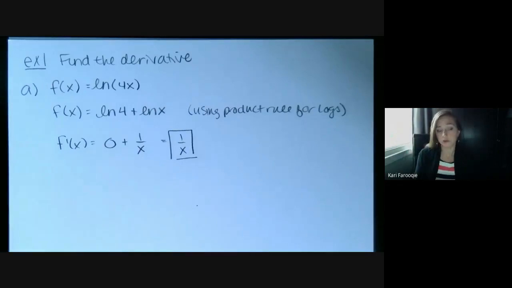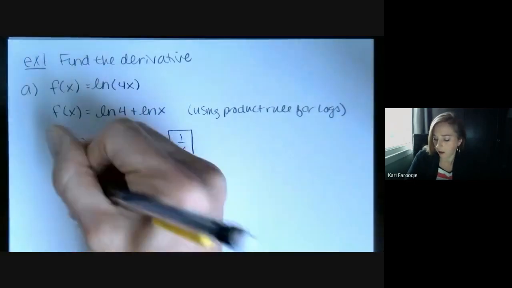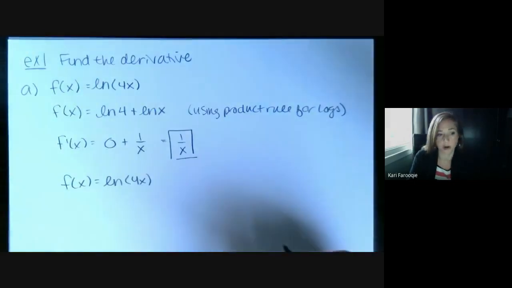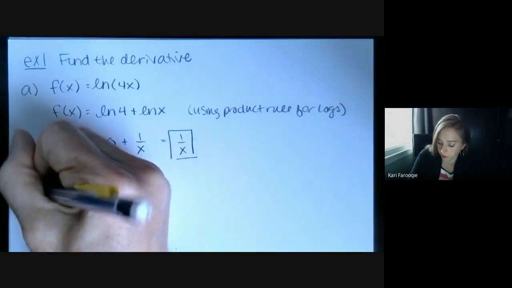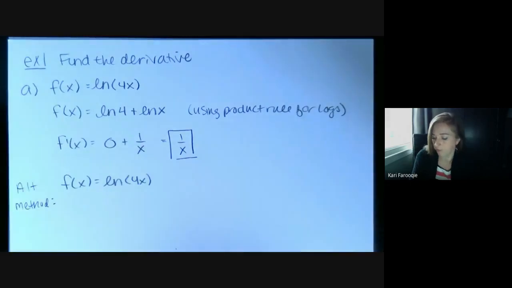Now let's say you didn't think to split this up and you use this as natural log 4x. I'm rewriting the problem now. So this is the alternate method, I should say. If you didn't think that you had the log of a product, you just didn't think to split it up, that happens too.